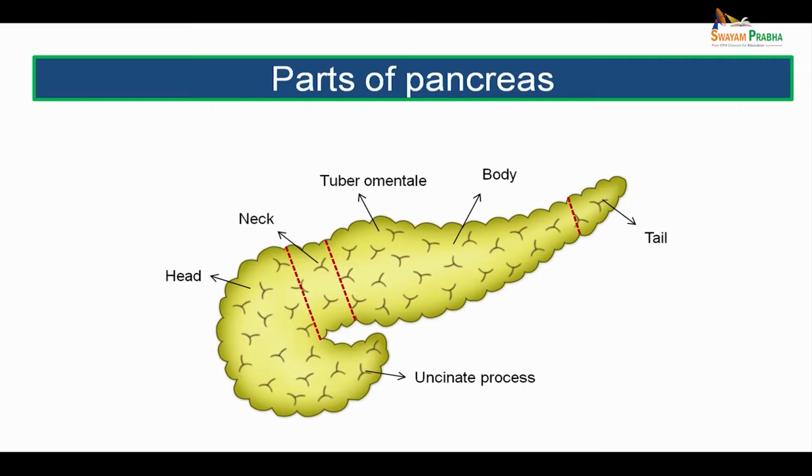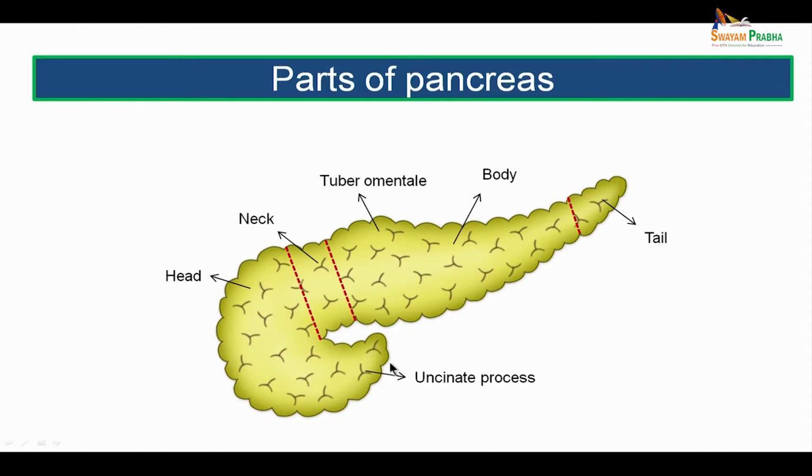Let us now see the parts of the pancreas. The pancreas has 4 parts: head, neck, body and tail. This picture shows us the same. The part starting from the right end of the pancreas is the head, which fits into the concavity of the duodenum.